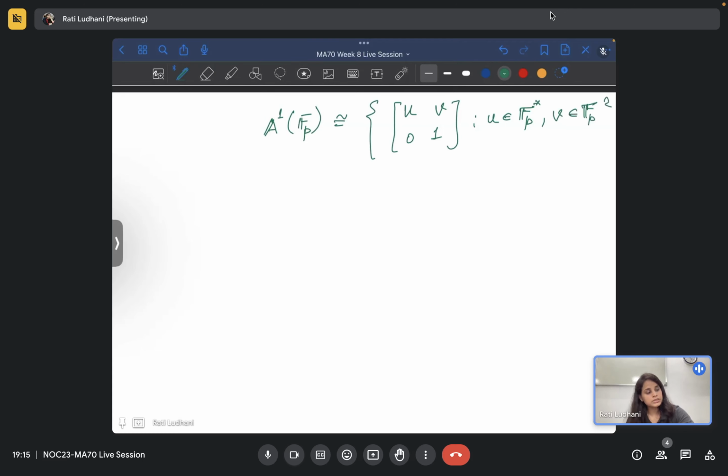You can verify that you have a group isomorphism between A1(Fp) and this matrix group. So you can try to find all the subgroups here, because matrices are always nice to see. You can get the subgroups of the Galois group, and hence subfields by taking the fixed field corresponding to that subgroup. Is that okay?